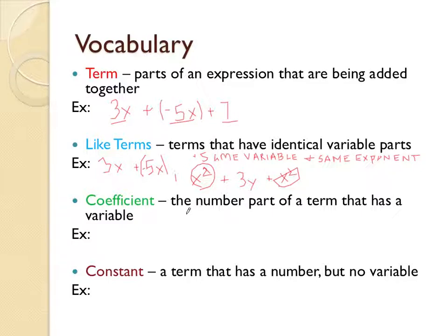Next word, coefficient. This is the number part of a term that has a variable. Let's go back to our previous example: 3x plus negative 5x plus 7.